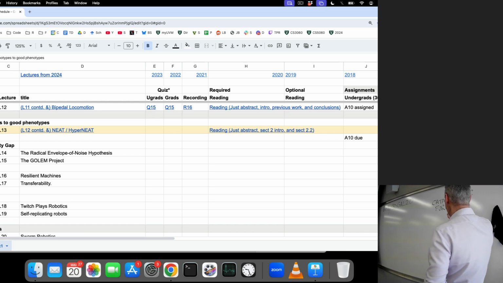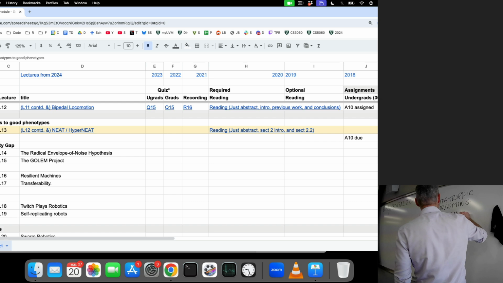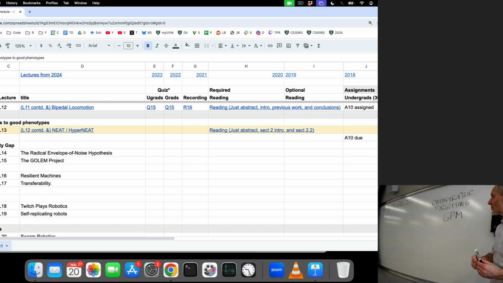What is a G to P map? Most of what we've talked about in this course so far are genotypes, which are strings of numbers. That's what you're using in A10, in assignment 10. And the phenotype is the way in which the robot moves. The mapping is pretty straightforward. It never changes.